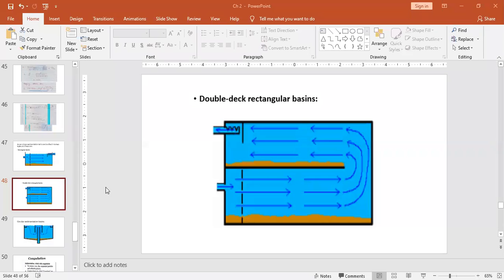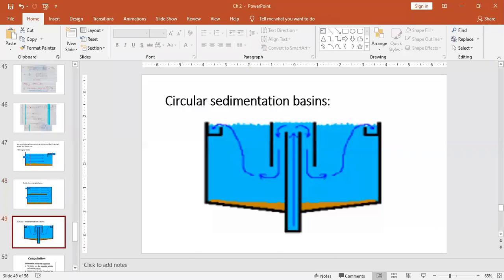Okay, I hope you have finished the second diagram too. Now you finish the third diagram.